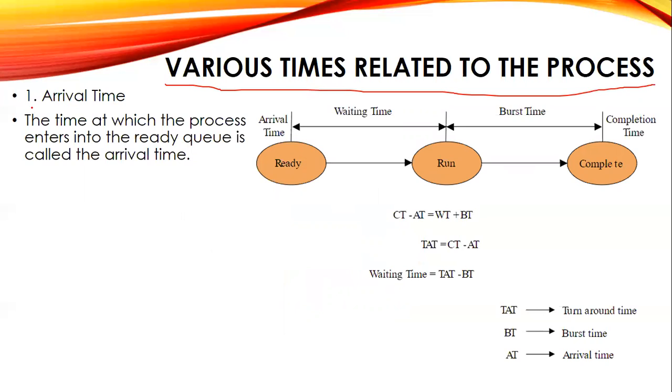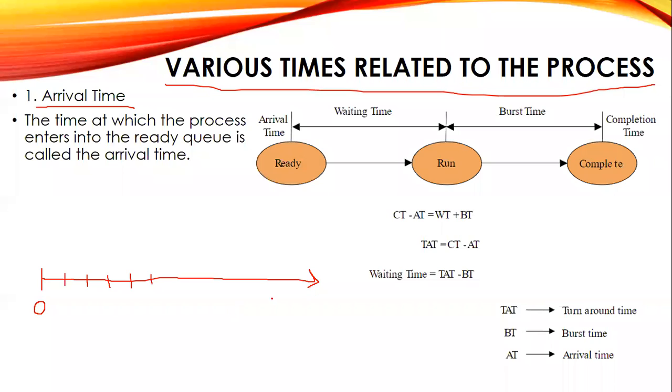So the arrival time, by the way, arrival time is that we are just counting, for example, the starting of a process or something like that. We are starting at time 0, and according to the execution times, burst times, we are calculating the time.